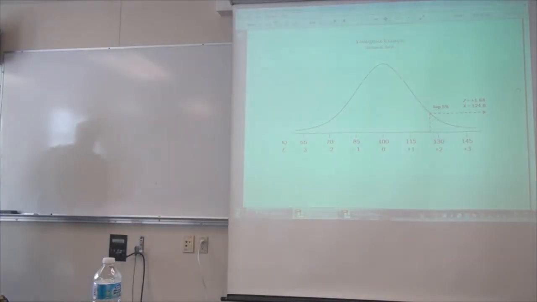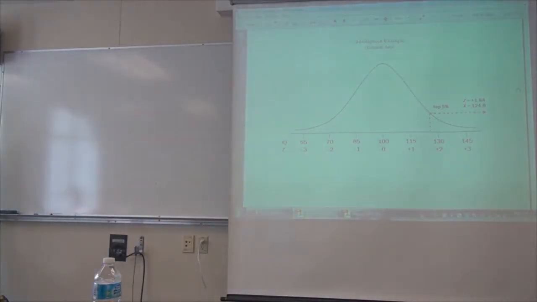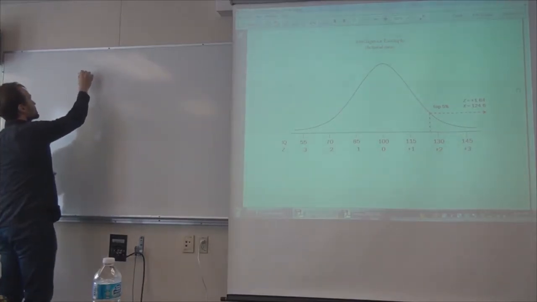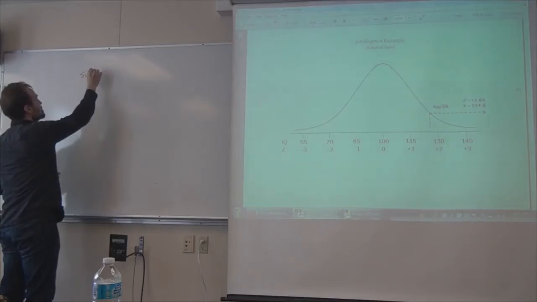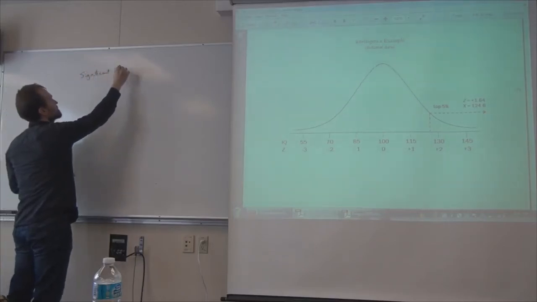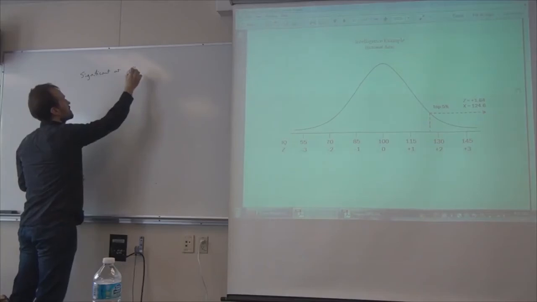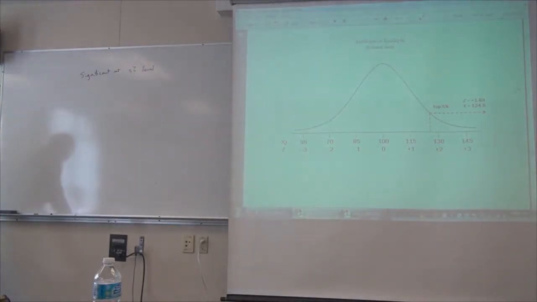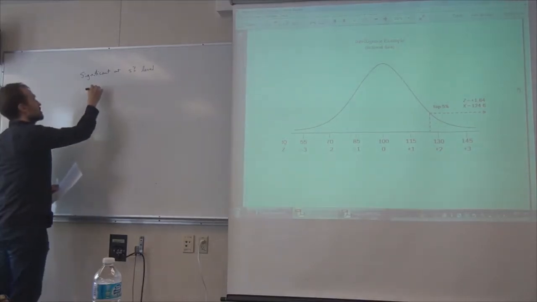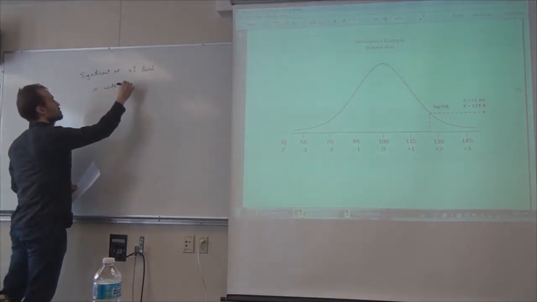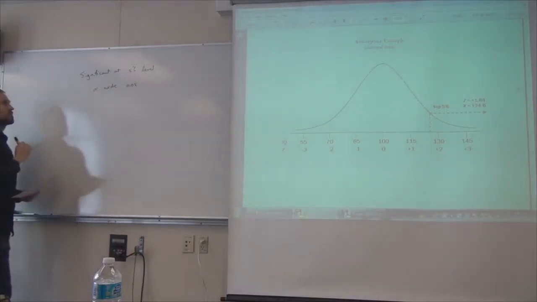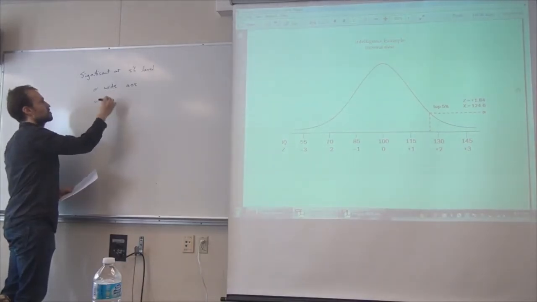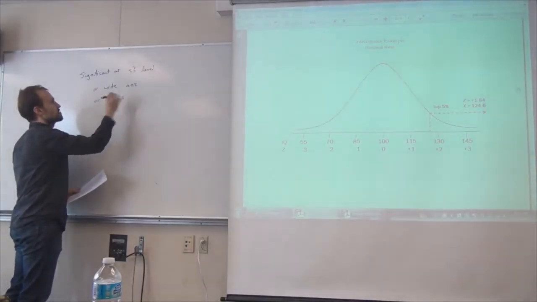I can also write it as a percentage. So I'll say that it's significant at the 5% level, or we can write it as just 0.05, because it's always going to be 0 point something. Some people just write it as 0.05.